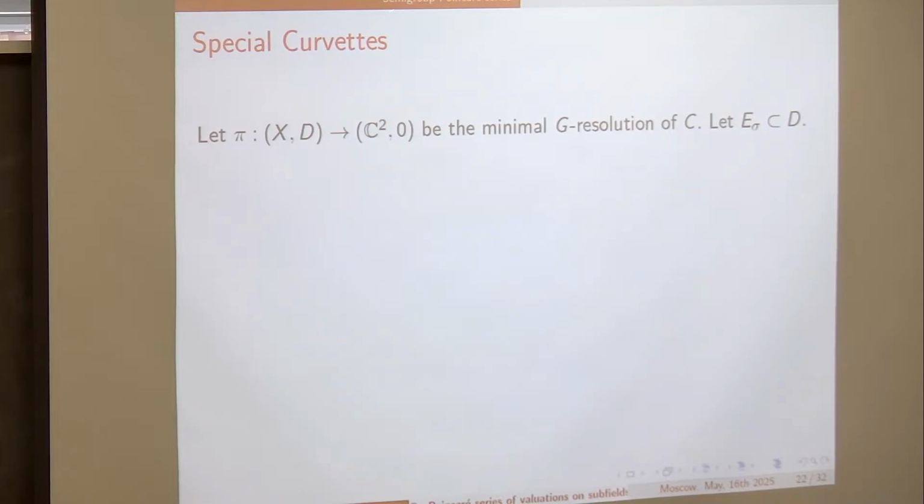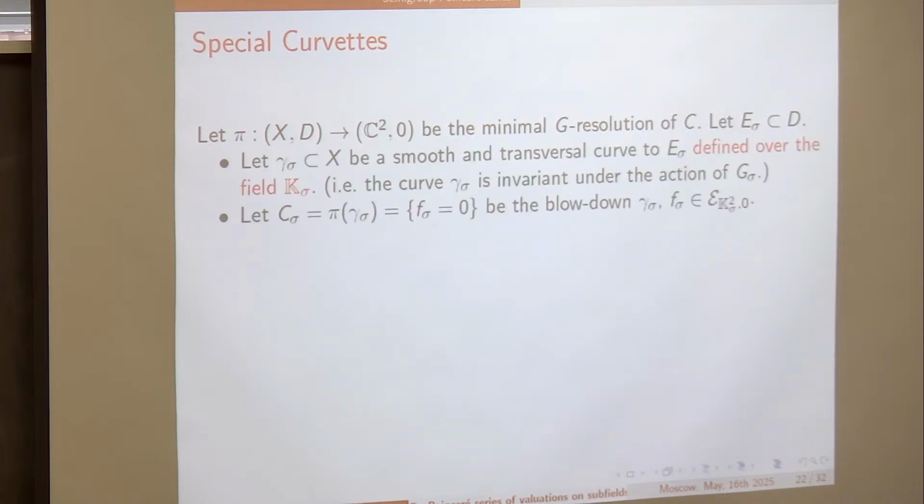So for each component of the divisor D, we take a curvette, that means a smooth transversal curve to this divisor, but now defined over the field k sigma. This is the important thing, that this curvette is defined over the field k.